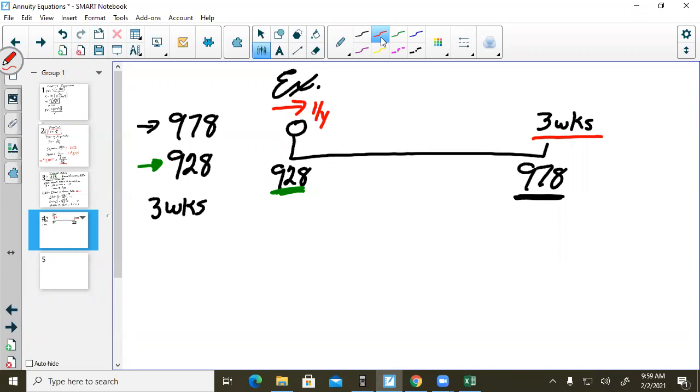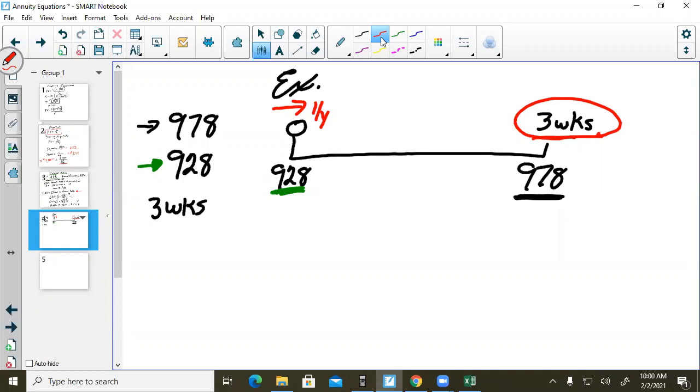Okay. So let's look at this 3-week period for just a minute. In chapter 5, our periods were a year, right? What we did Thursday when we started chapter 6 is we broke that up into months. We're going to keep breaking this up.